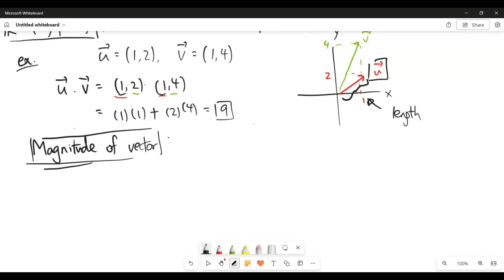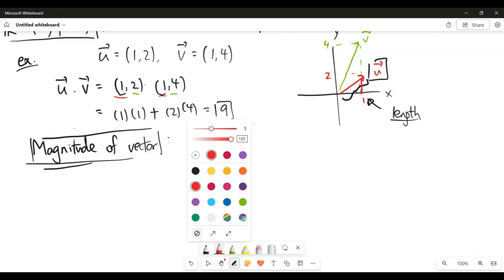The magnitude of the vector u, by notation, is essentially the physical length of this vector. Do you remember how to compute the magnitude of a vector? This is essentially a use of the Pythagorean theorem, right?